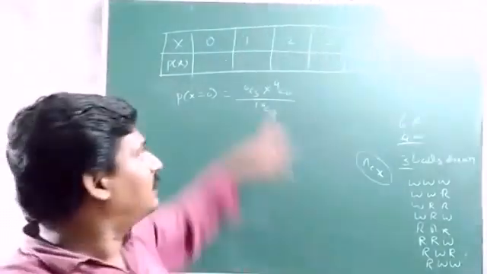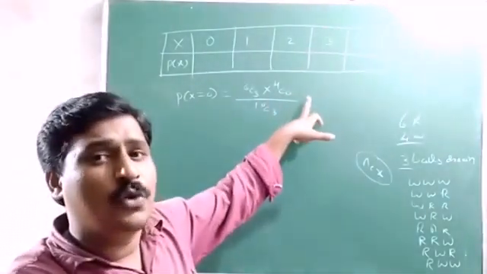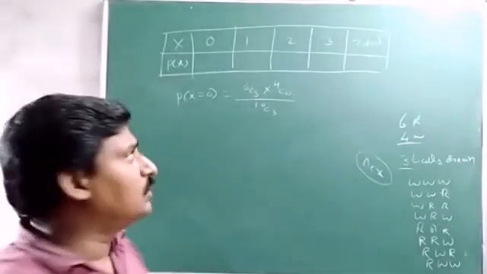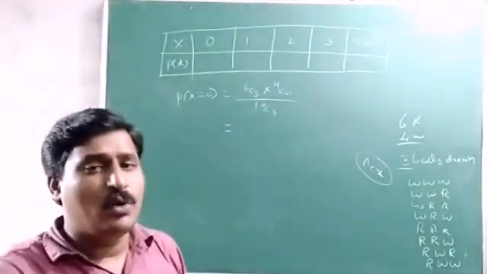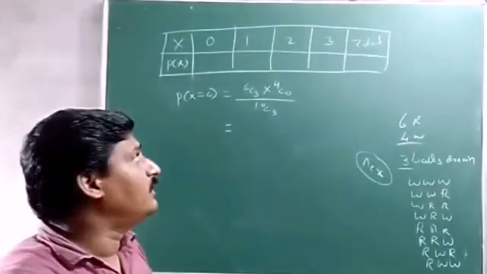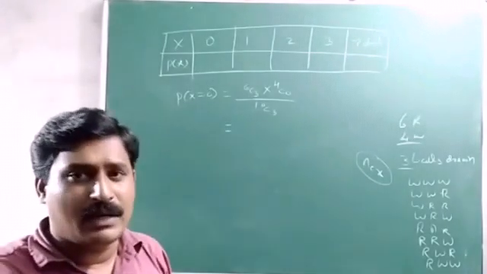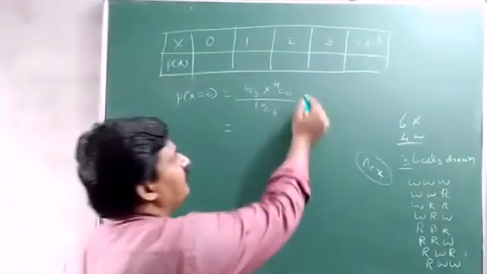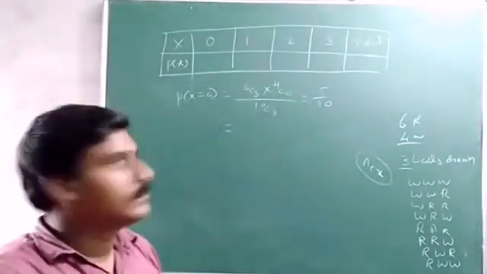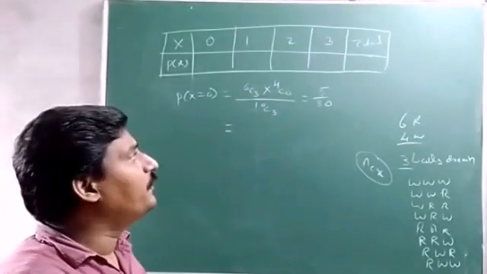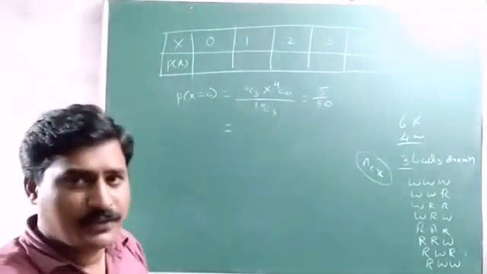When 3 red balls are there, obviously white balls will be 0, so 4C0. Already we learned how to find the combination value, so I will write the answer directly here: we get 5 by 30.